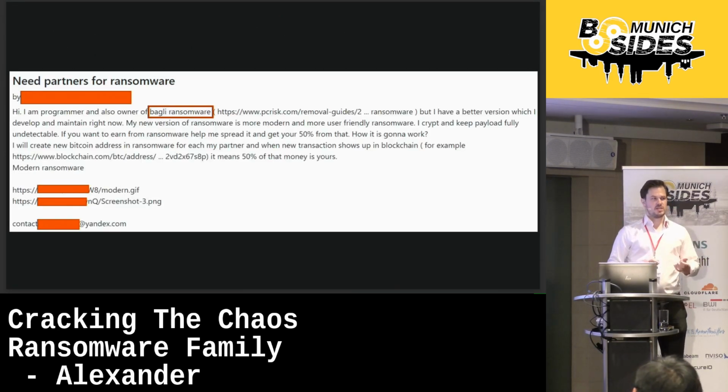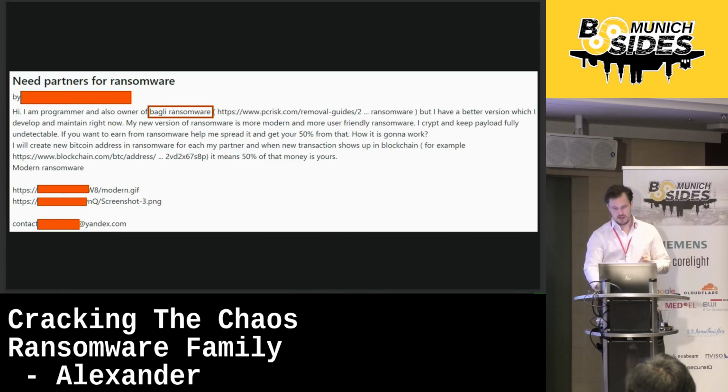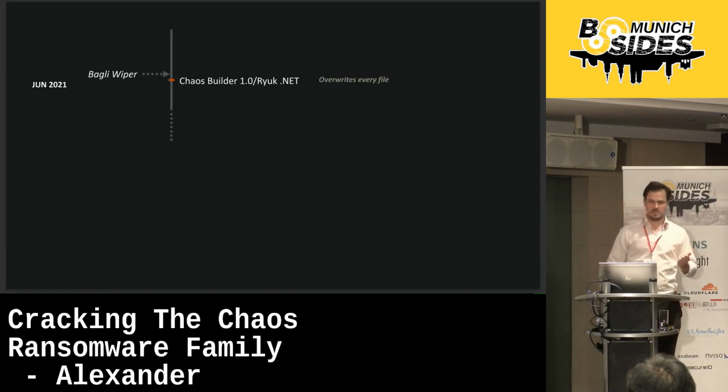When we look into the origins of this, we can track that user posting on XSS back to another user, who developed on another forum a ransomware called Bagley. And that one was also a wiper, by the way. So this is some person that develops this kind of wiper. It just overwrites pretty much everything.